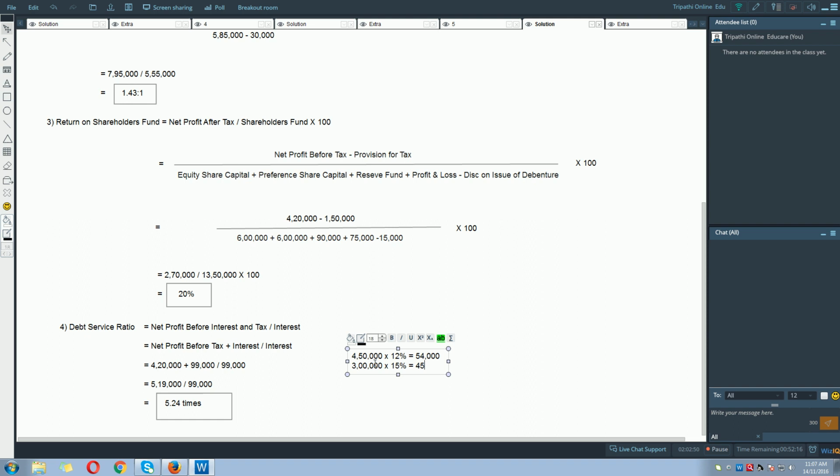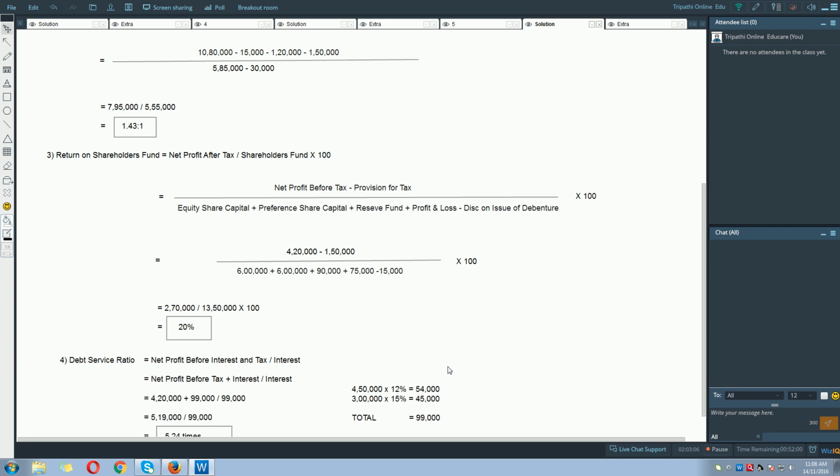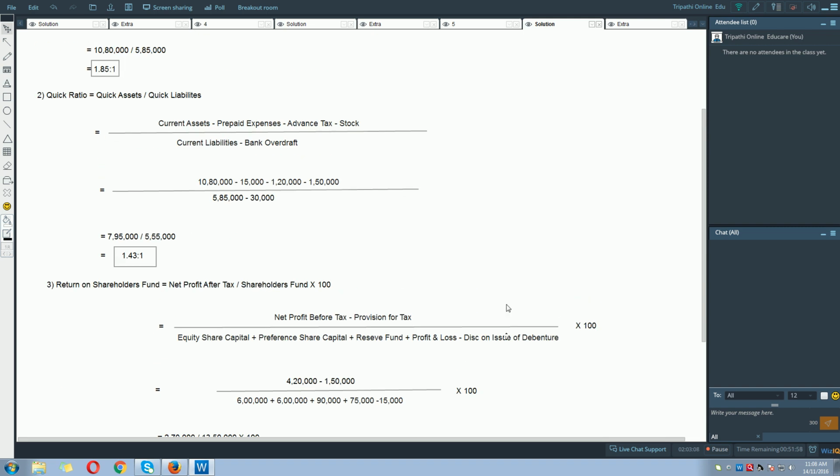That is equal to net profit before tax plus interest upon interest.